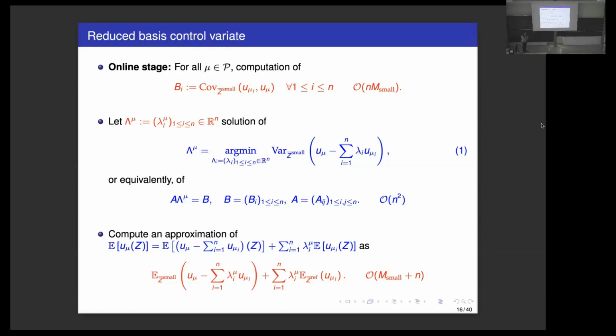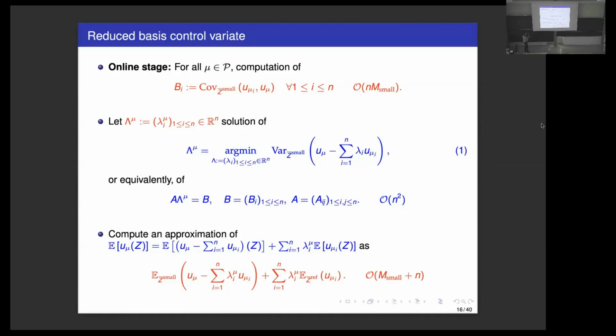So the cost of computing this thing in this stage typically scales like n small plus n small. Say that these u mu are typically solution to a PDE. You need to compute them in order to evaluate them at these sample points. Yes, there may be something in the background, but the typical case that we had in mind is a bit different.